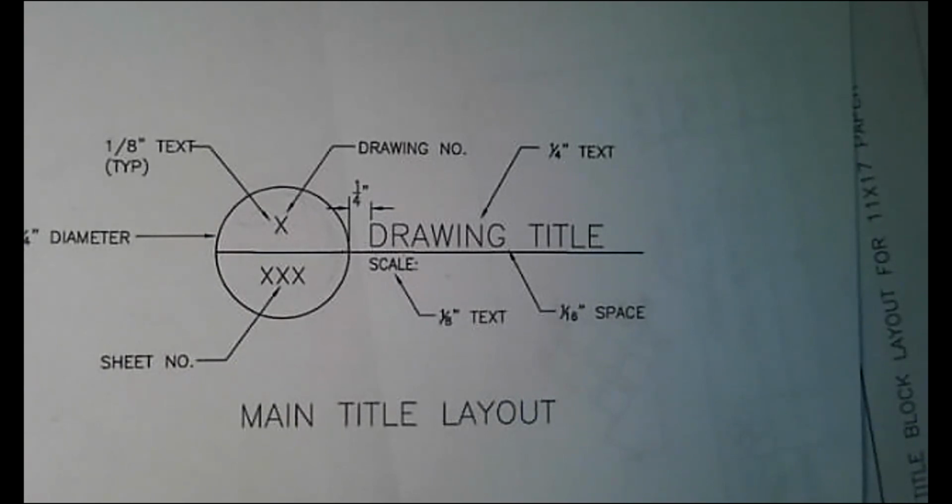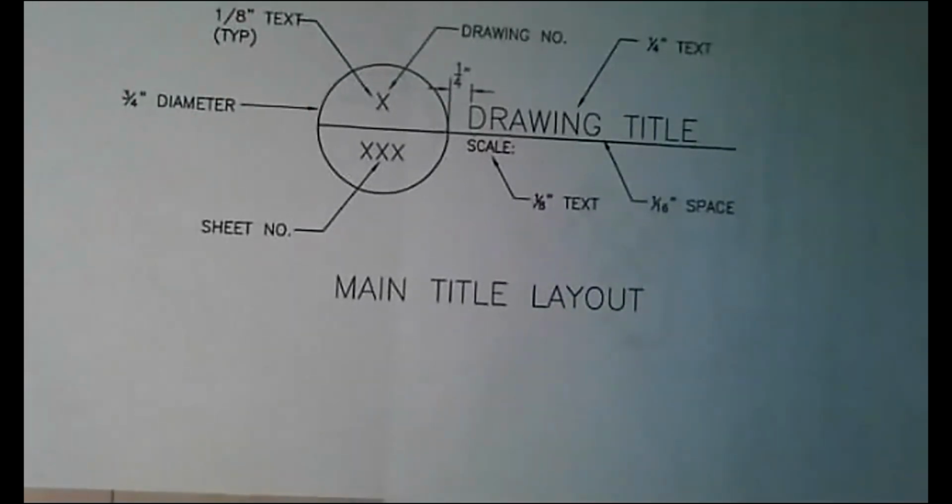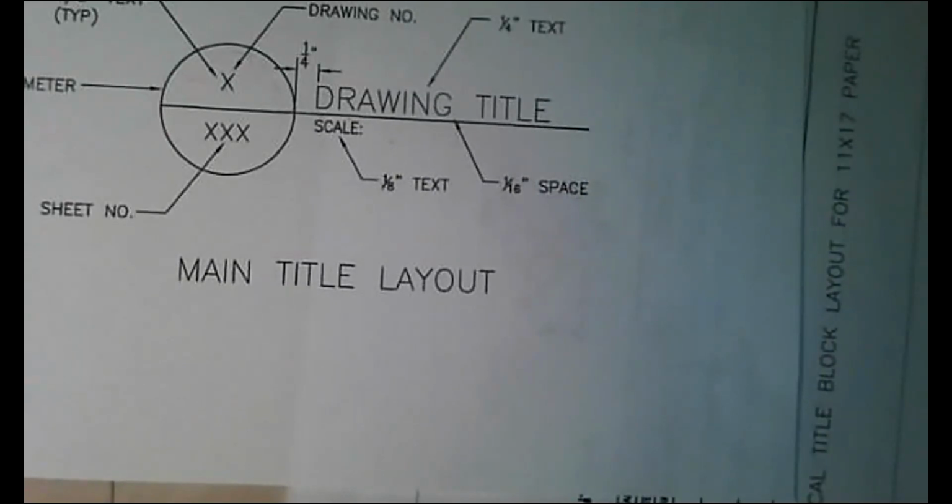It's approaching the 8 o'clock hour, so we're going to stop here tonight. On Monday, we are going to definitely finish up this assignment, because all we have to do at that point is add the annotation and turn all the lines of the border of the title block into border lines.